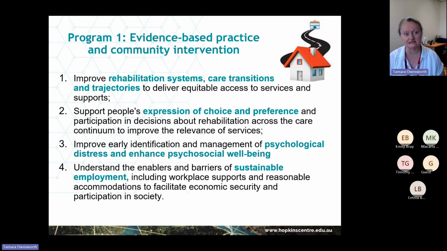So Program 1, which is led by myself and Tim, is evidence-based practice and community interventions, or sometimes we say community supports. And this has a number of project themes.